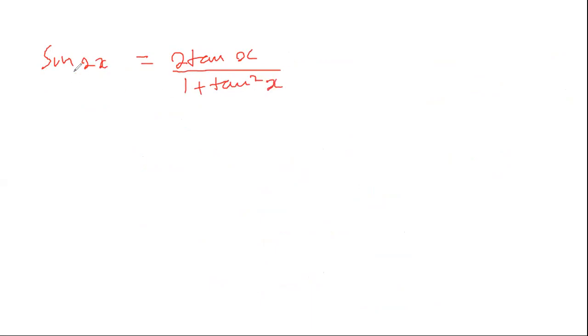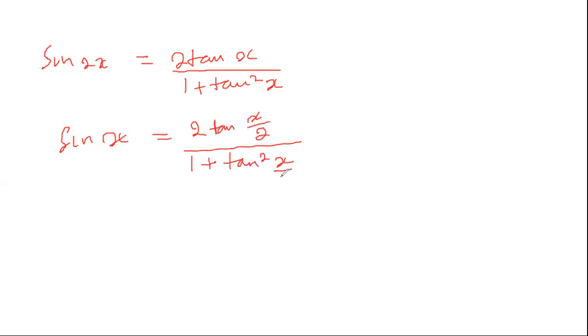Since we need the sine of x only, we are going to divide the angles by 2, only the angles. So we are going to have sine x giving us 2 tan x over 2, then we divide this by 1 plus tan squared x over 2.